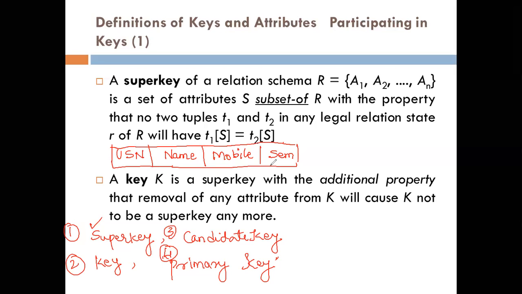That is the question. For four attributes, we can have 2 power 4 subsets, right? Mathematically, 2 power 4 subsets are possible. One with all four, then three different combinations of three, then with two attributes, then with a single attribute.